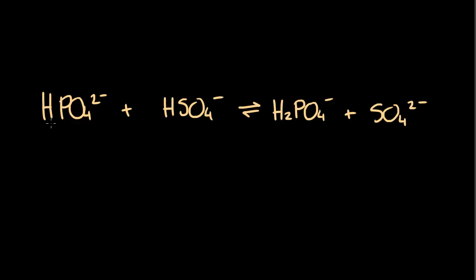Alright, we're starting off with HPO4 2-, and it ends up becoming H2PO4-. So this is going to be accepting a proton to become the product. Therefore, this substance is acting as a base. And if this is a base, then this H2PO4- must be its conjugate acid.